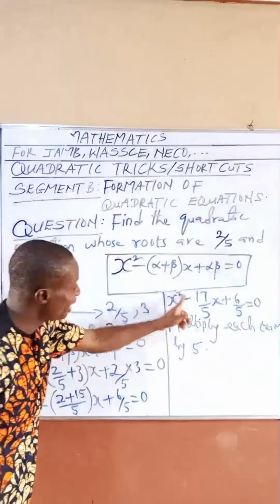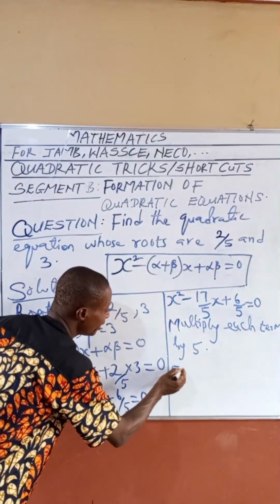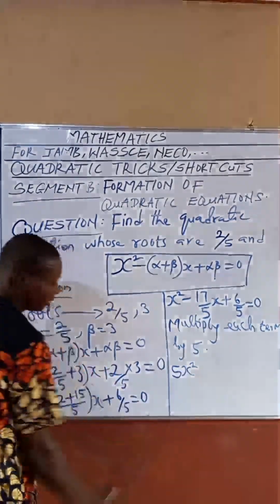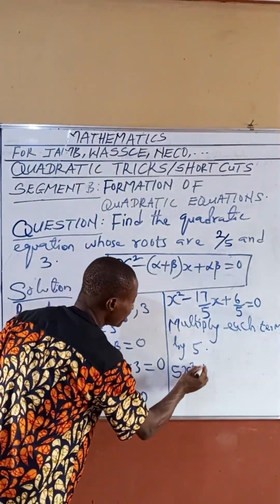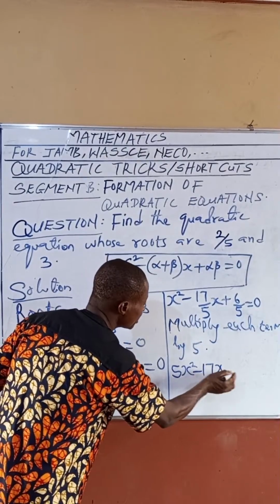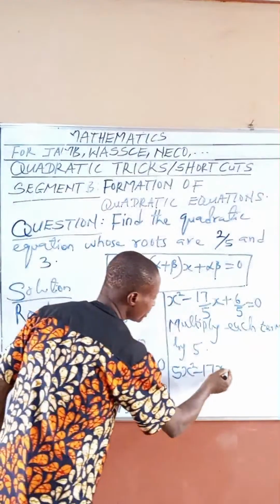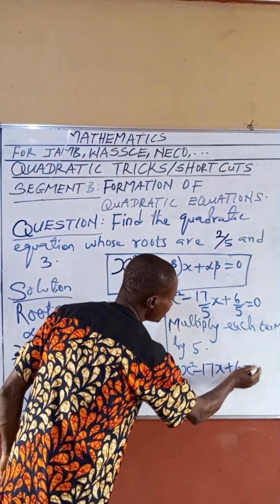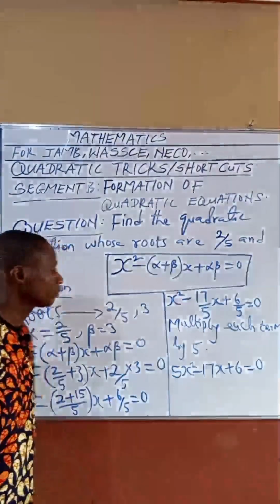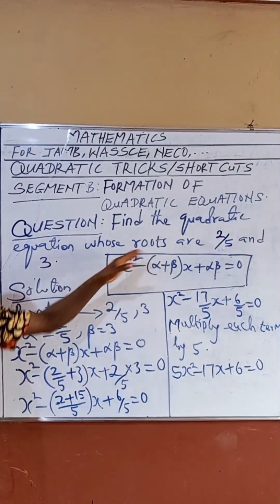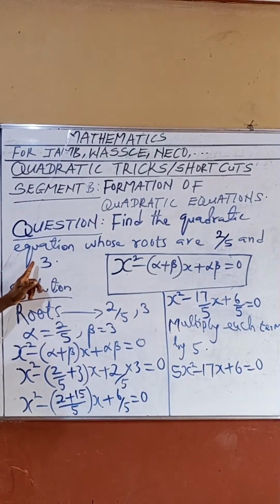If you multiply this by 5, we get 5x squared. Then multiply this by 5, you get minus 17x. Then multiply the last one by 5, we get plus 6. And that equates to 0. This is the quadratic equation whose roots are 2 over 5 and 3.